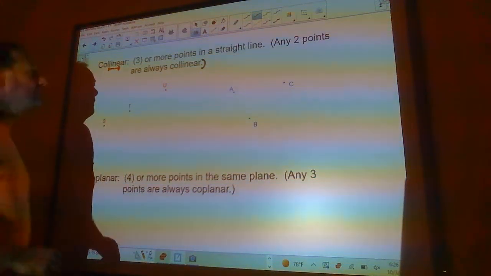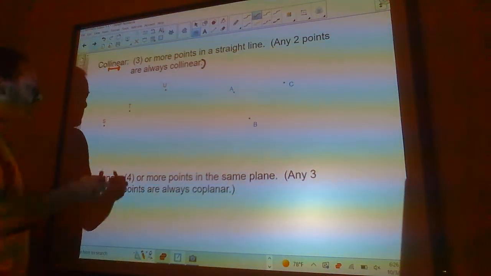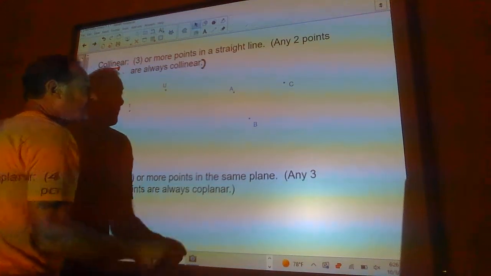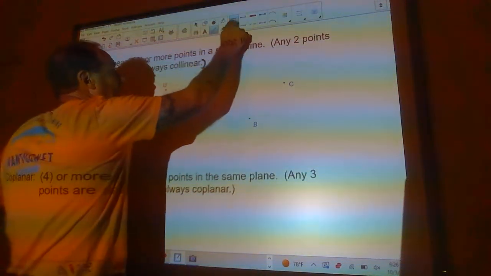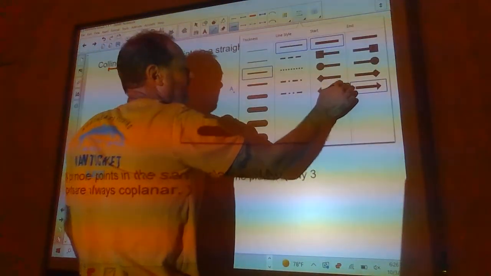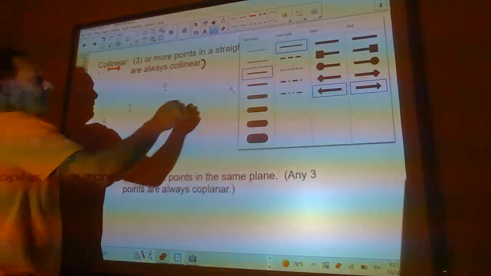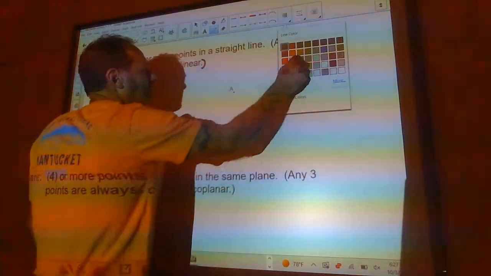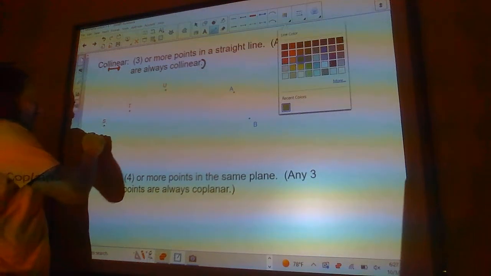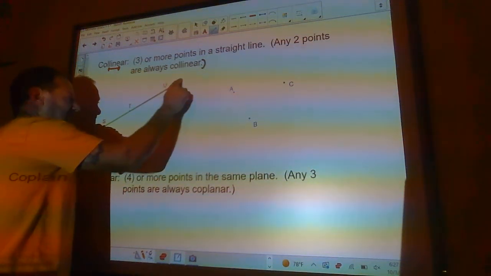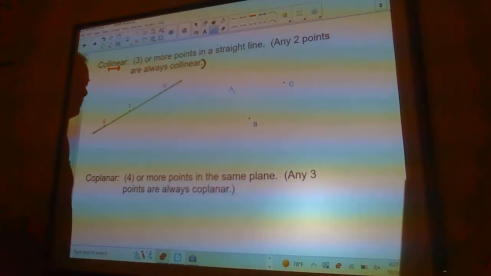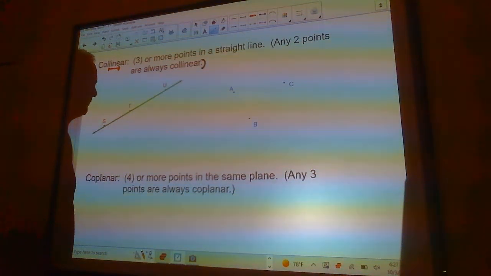So collinear means on the same line. So in this case here, let's make this a nice green color. This line right here, these 3 points, S, T, and U, are collinear because they're all in a straight line.